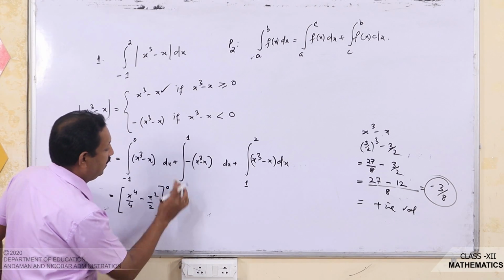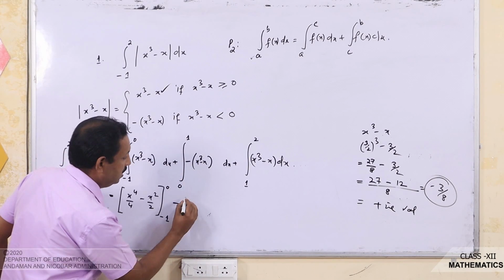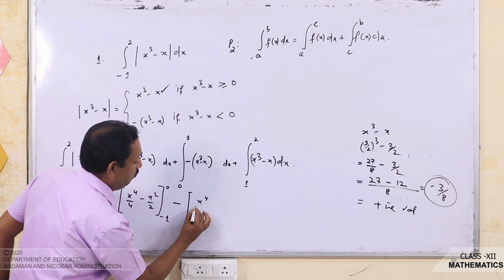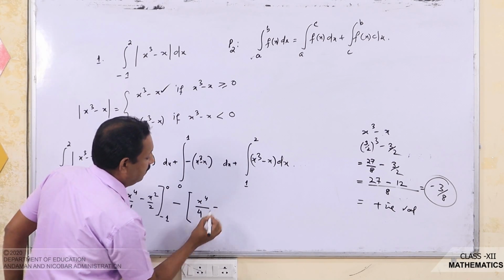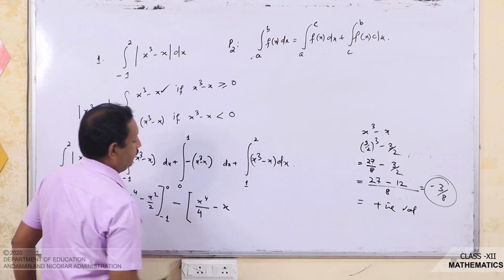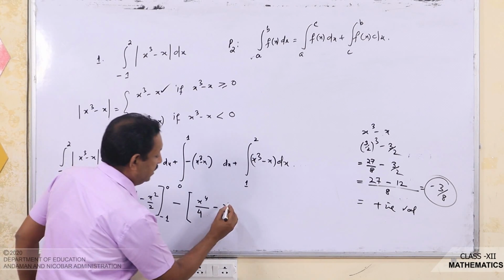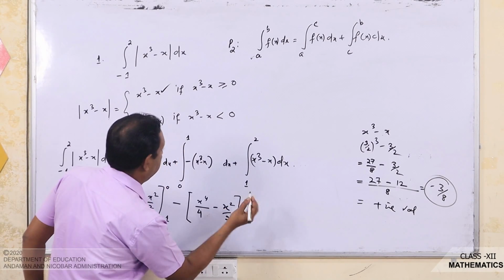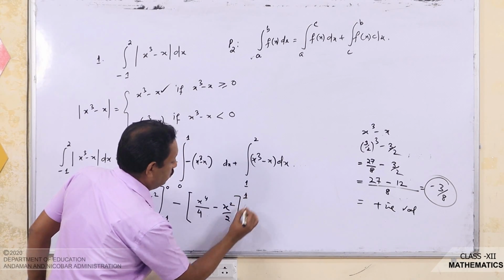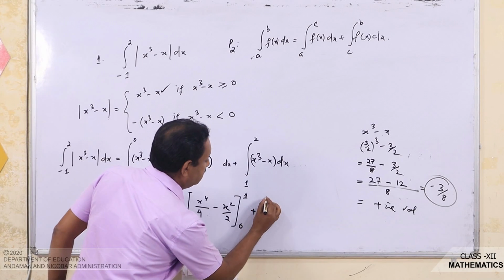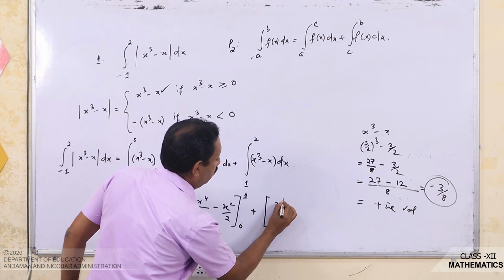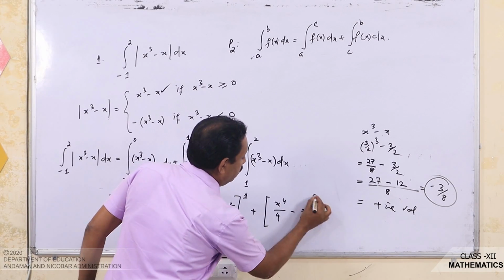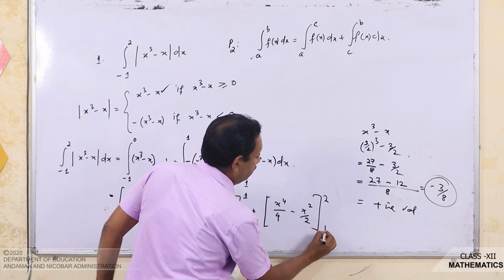Here we have a minus sign because of the negative function, and again we do the integration, that is x power 4 by 4 minus x square by 2, with limits 1 and 0, and then plus x power 4 by 4 minus x square by 2, with limits 2 and 1.